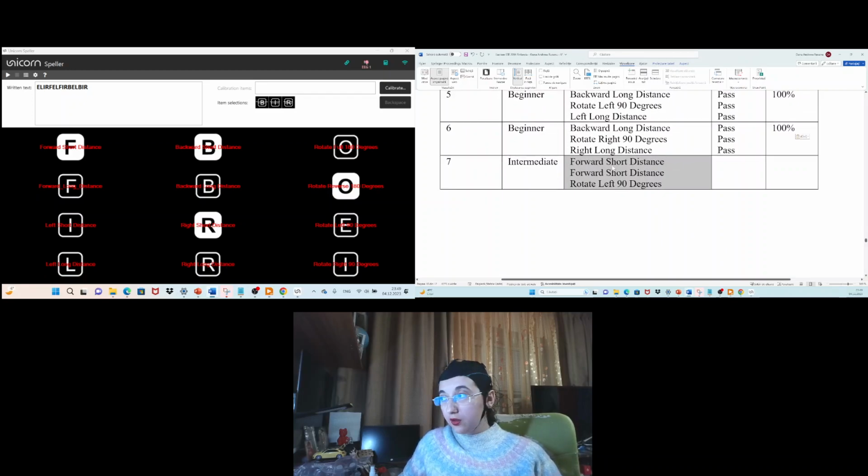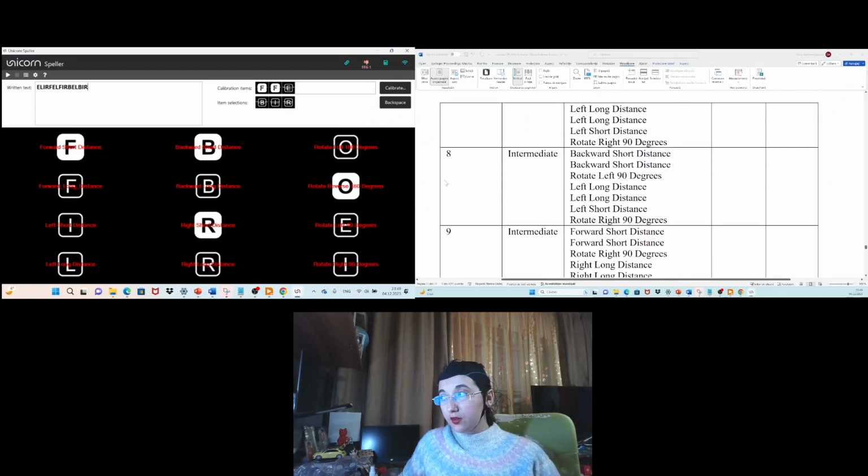Let's check them. So here forward short distance, then again forward short distance, then rotate left with 90 degrees. After that, left long distance, again left long distance, left short distance, and rotate right 90 degrees.